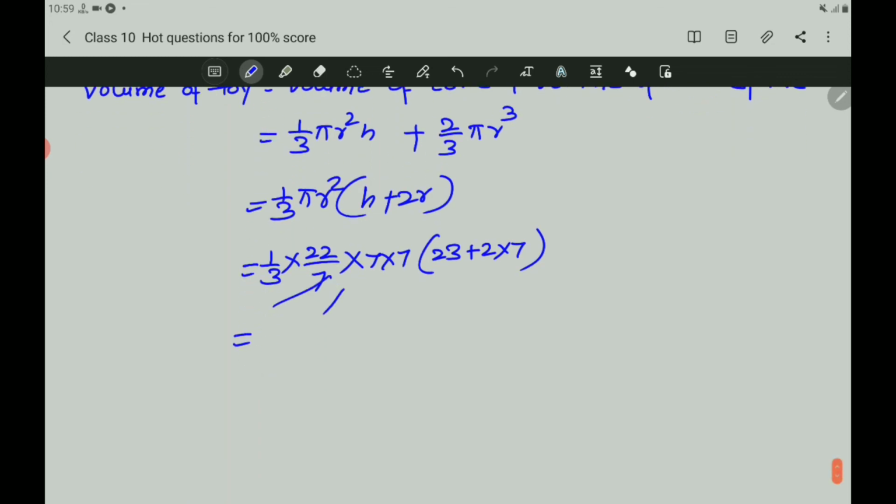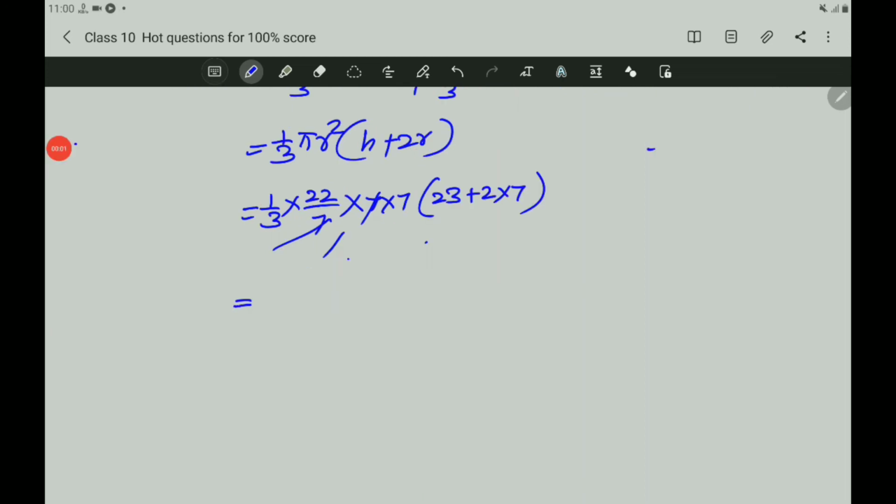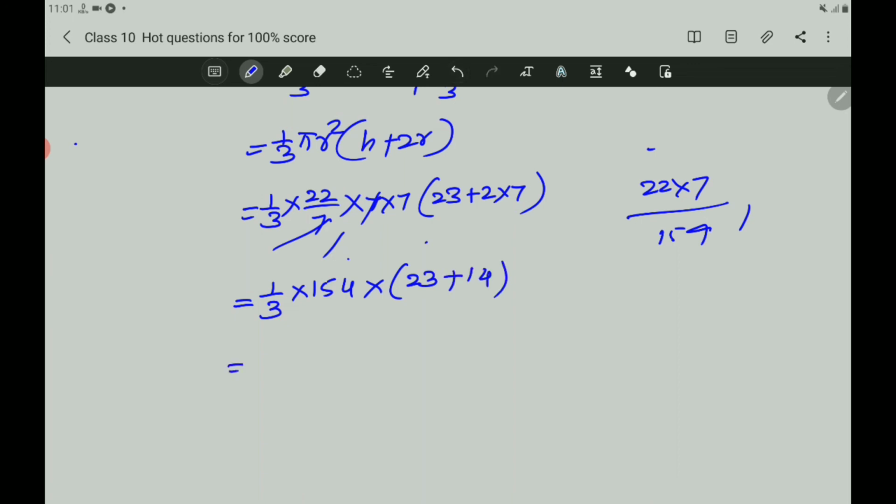Then the 7s cancel. Then equals 1 by 3, 22 into 7. 7 2s are 14, 7 2s are 14 plus 1, 15. So it becomes 154 into 23 plus 2 7s are 14. That equals 1 by 3 into 154 into 23 plus 14 is 37.